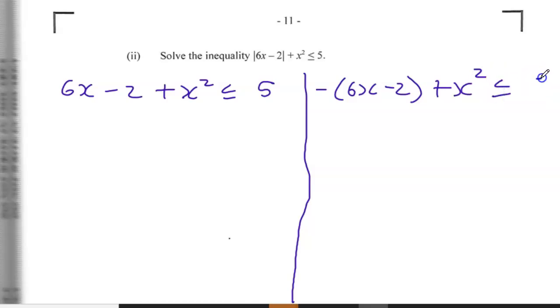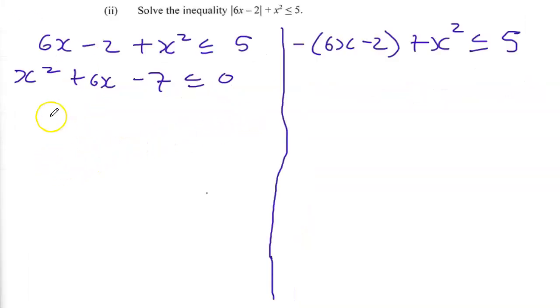So we have a pair of quadratic inequalities. Let me simplify and group everything on one side. We have x squared, then positive 6x, and if we subtract 5 from both sides, we have minus 7. This can be easily factorized. Watch my video on factorization.